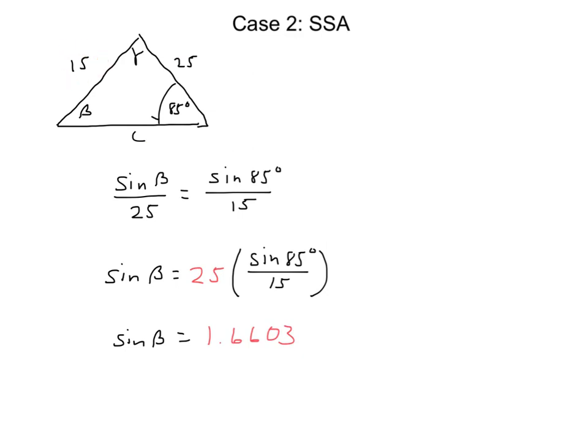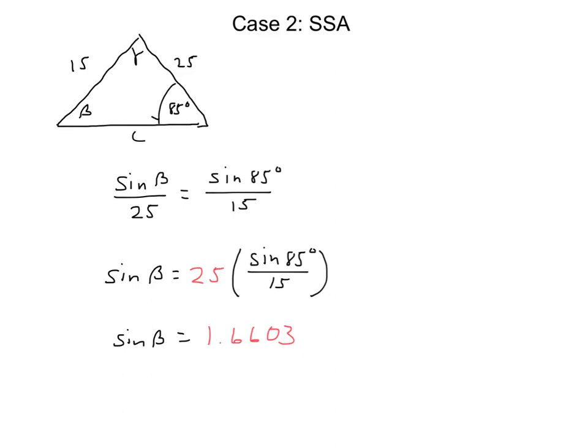I want to find angle gamma, angle beta, and the length of side C. In this situation, I only have one angle, so I can't just automatically jump to getting all the angles. What I do have, though, is that 85 is across from 15, and that's one of my fractions. The only other information I know is that this side is 25, and that's across from beta.